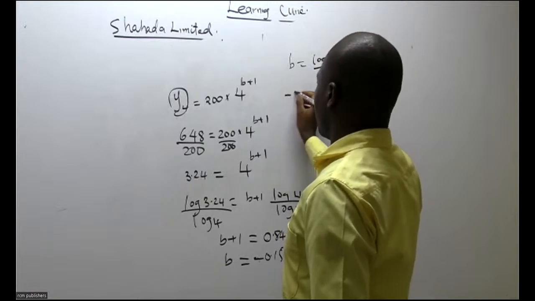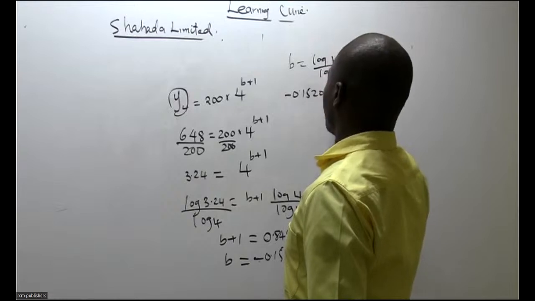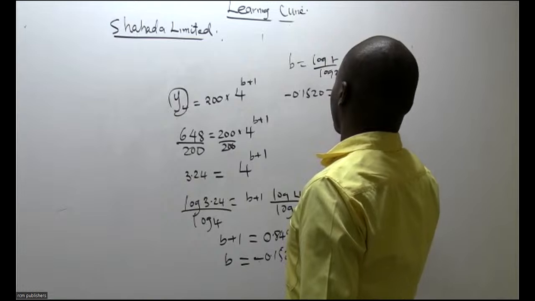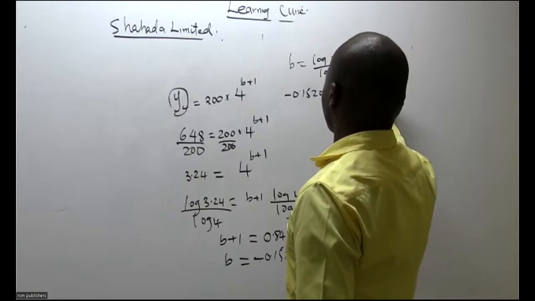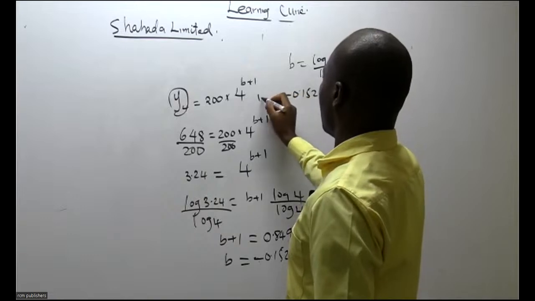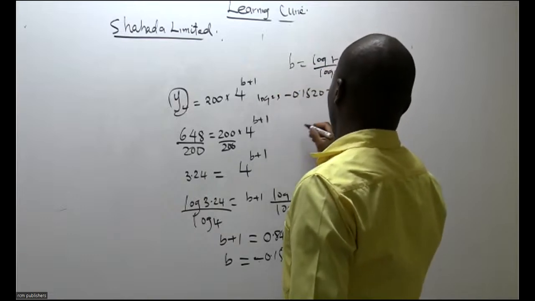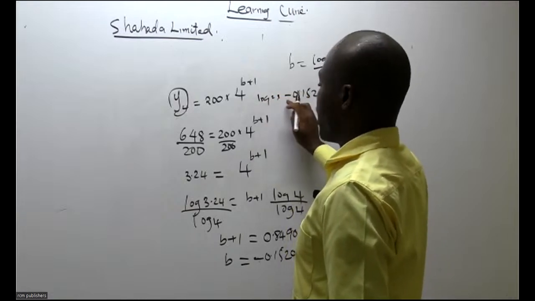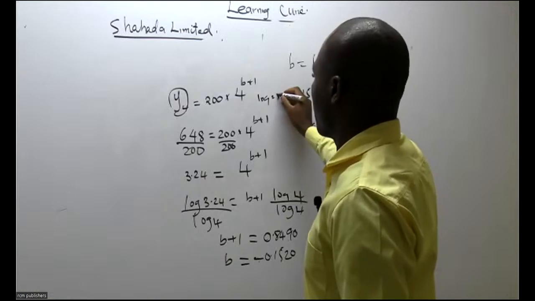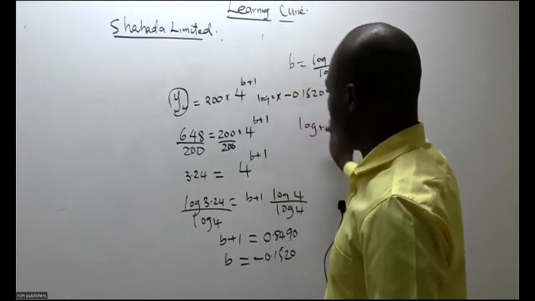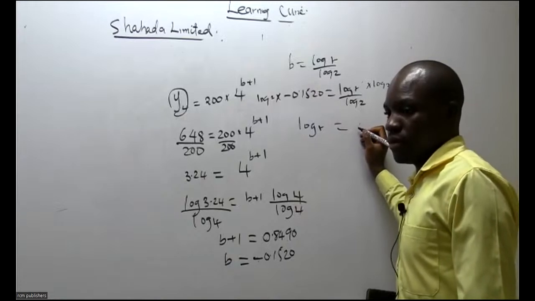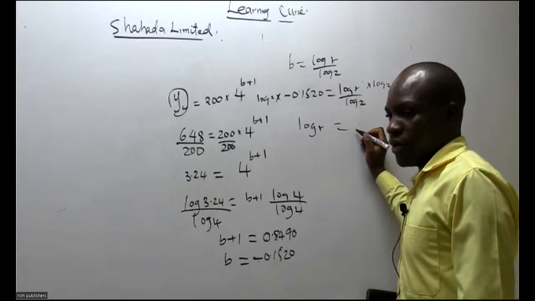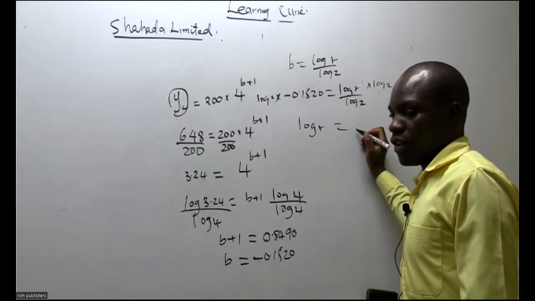We have B as negative 0.1520 is equal to log R, which we do not know, divided by log 2. So multiply both sides by log 2. Log R is equal to log 2 multiplied by that negative. Log 2 times negative 0.1520.